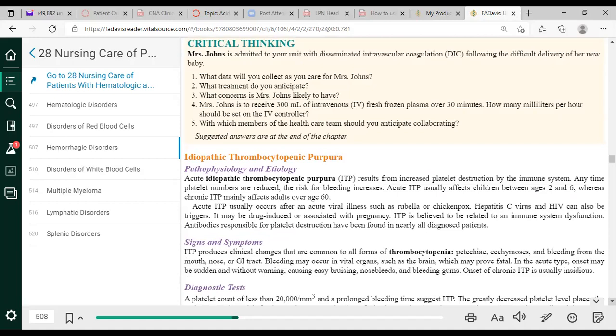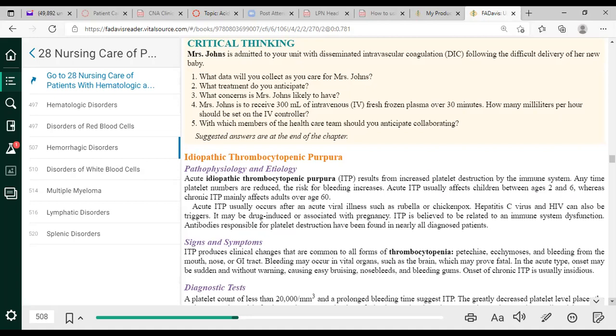I told you all a minute ago, not only red blood cells can be transfused, platelets can too. So for a patient experiencing idiopathic thrombocytopenic purpura, platelet levels will be low. One of the things I would anticipate is for the physician to order this patient to receive a platelet transfusion. You need more platelets in your body because your platelets are low.